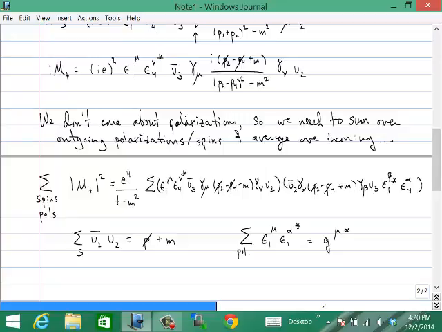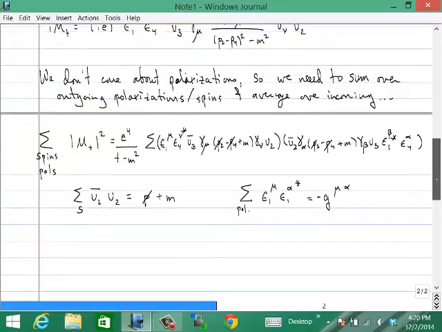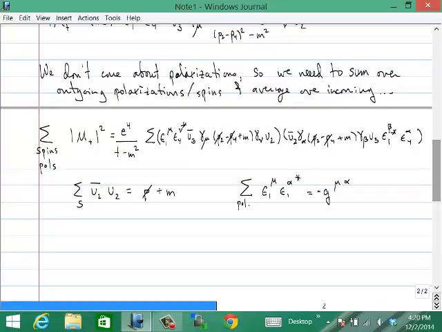Or is there a minus sign there? I believe there's a minus sign there. Right? It's not going to matter, of course, because there are two of them, so those minus signs will cancel. We can then use this to go ahead and simplify this expression. So in particular, any questions on this so far?